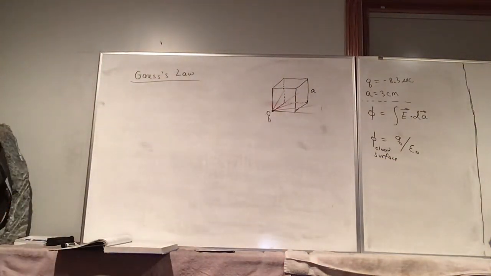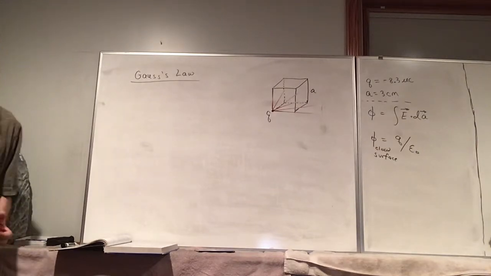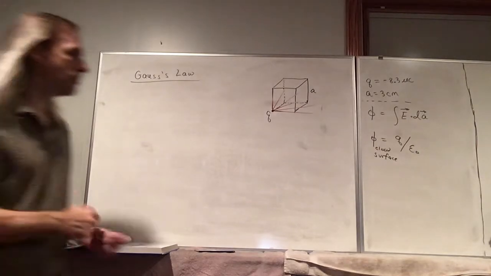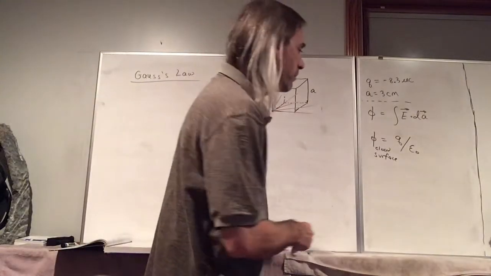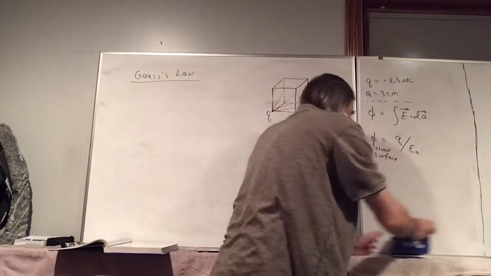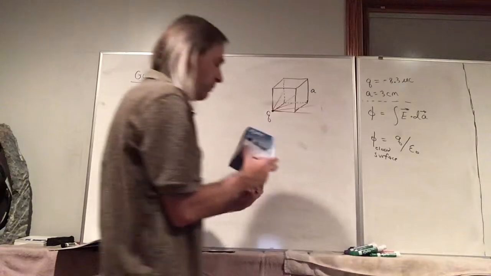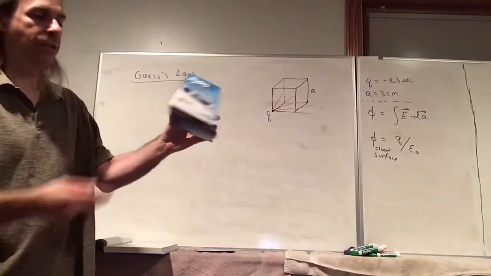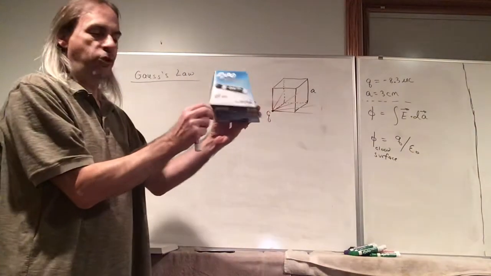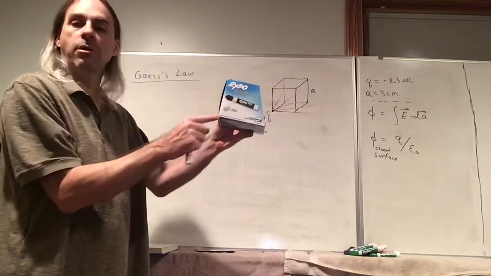I should have actually brought a cube. This will be close enough for our cube. So let's say this is a cube, and we place a charge right at this corner.